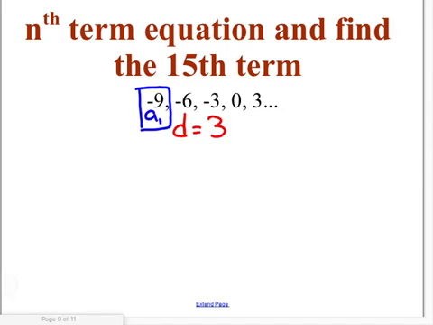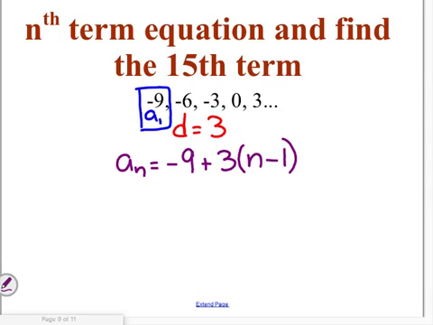That's just saying AN, we aren't looking for a specific number yet, is equal to our first term, which is negative 9, plus the common difference times n minus 1. So we're looking for just any number n.